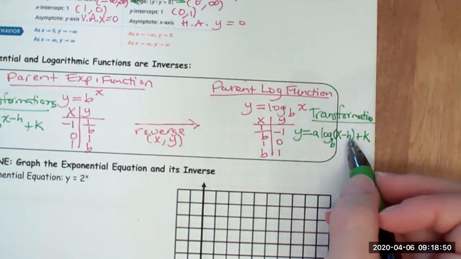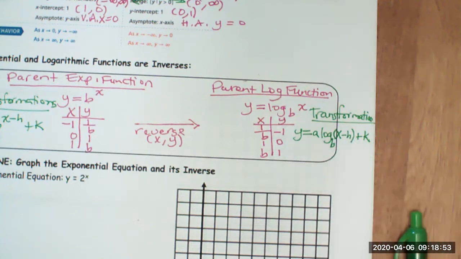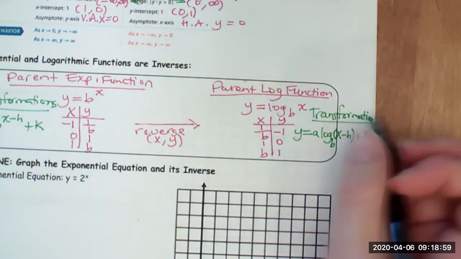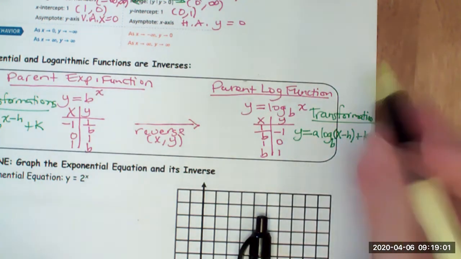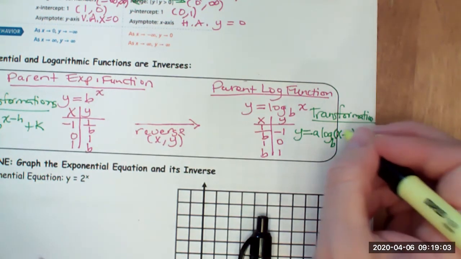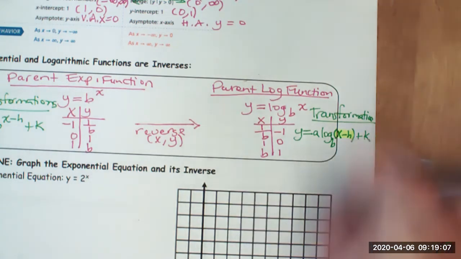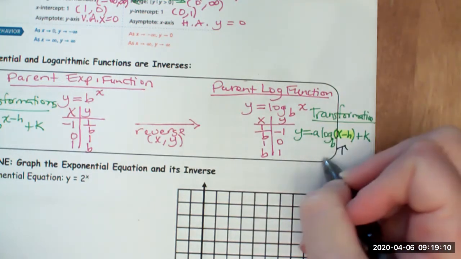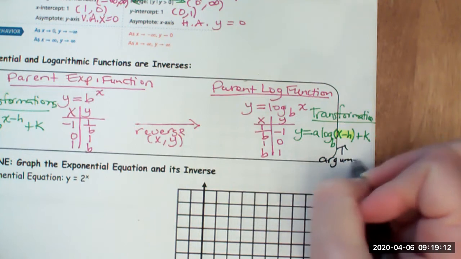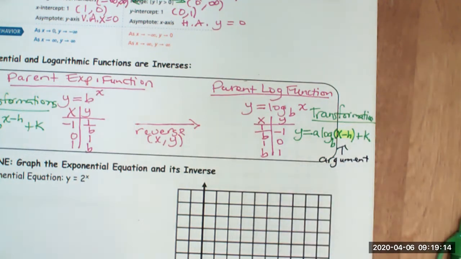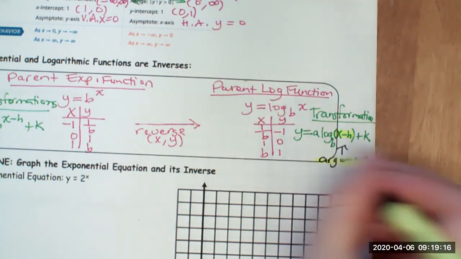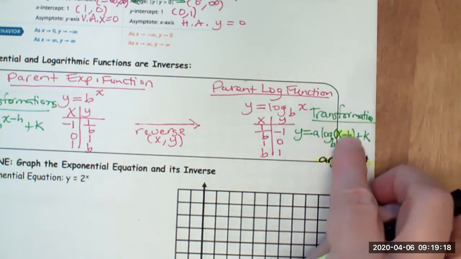We want to be very careful. And I'll be referring to what's inside parentheses as the argument of the log function. It's the expression that we're taking the log of. So when I talk about log base b of x minus h, that x minus h I'll refer to as the argument. Okay. And you want to focus on what is in the argument and what is not.